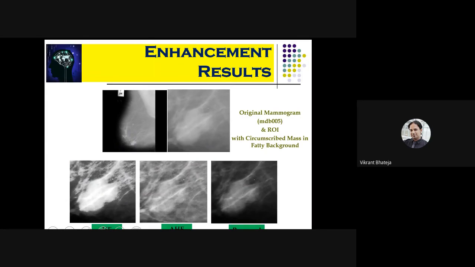Now you see the results over here. The same algorithm which was initially giving unpleasant results, now you see the change in the result once we have tuned the parameters.